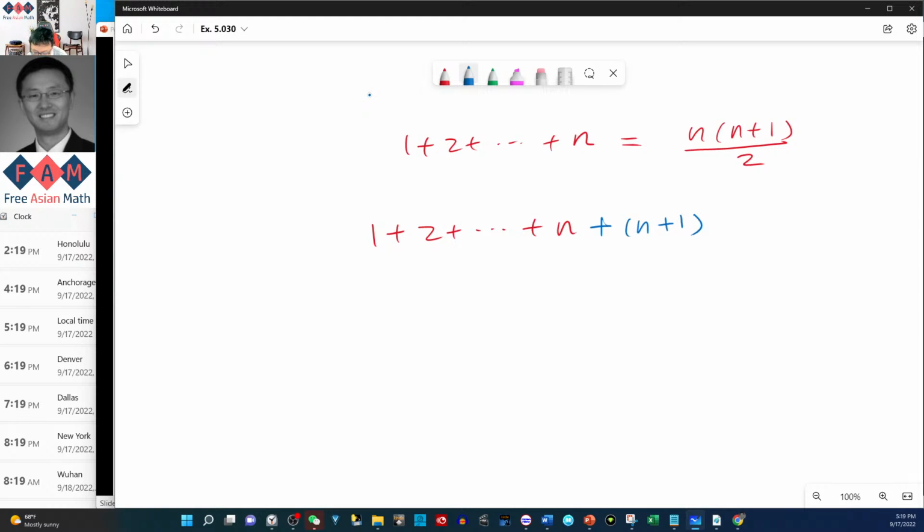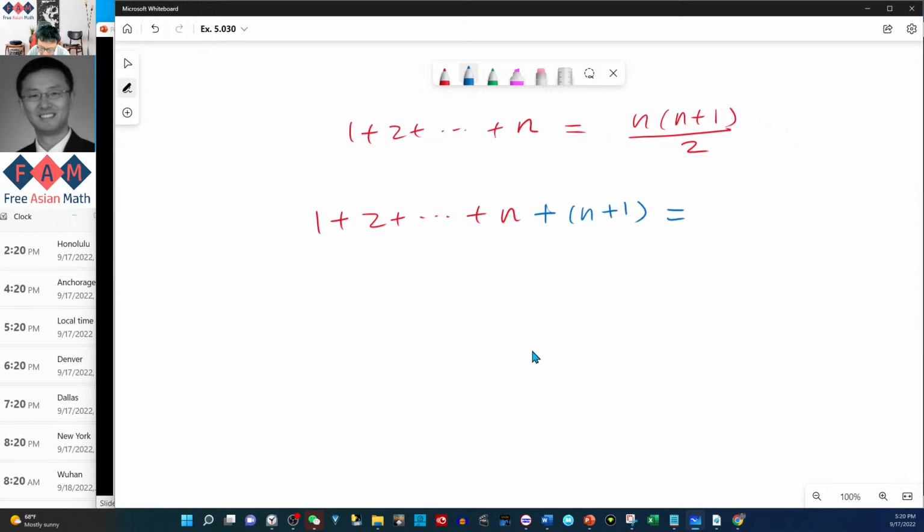If this remains true, what would the right-hand side look like? Remember, now we are not just adding up to n, we are adding up to n+1. If this formula continues to be true, then we have to update the right-hand side, because what was n becomes n+1.